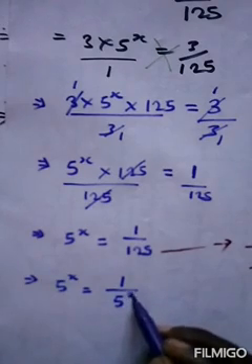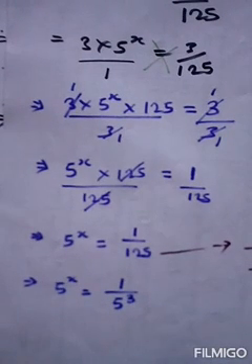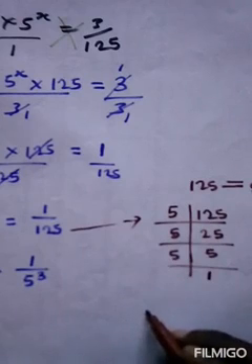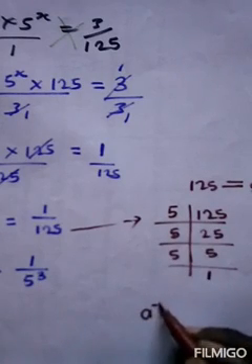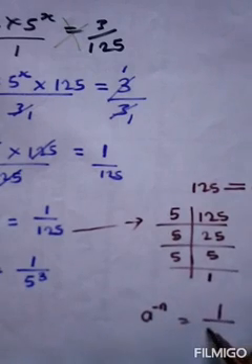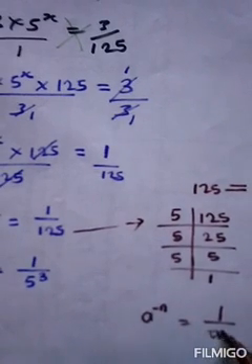Now if you go to this rule of indices, it says a to power negative n is the same as 1 over a to power n.